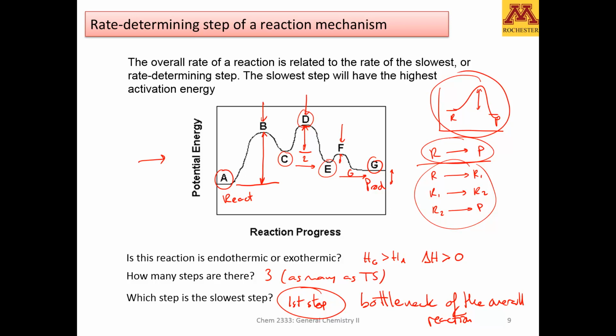So this means that the overall reaction going from A to G will have a rate law that will be the same rate law as the first elementary step. Okay, so this is the so-called rate determining step approximation, in which we assume that the bottleneck of the overall reaction, the elementary step that has the highest barrier, will be the one determining the rate of the overall reaction.